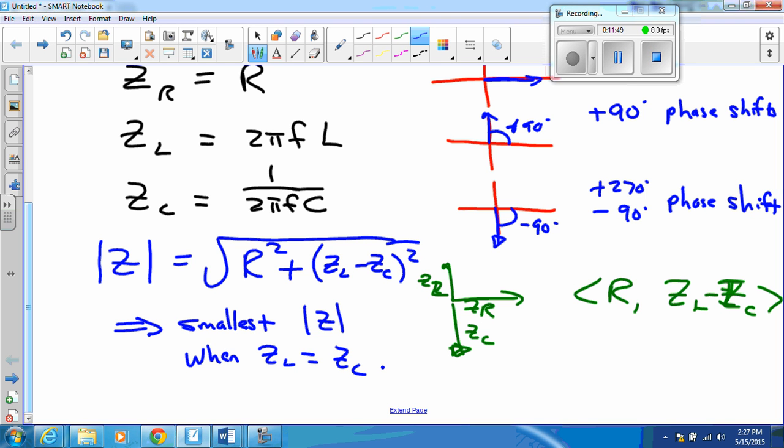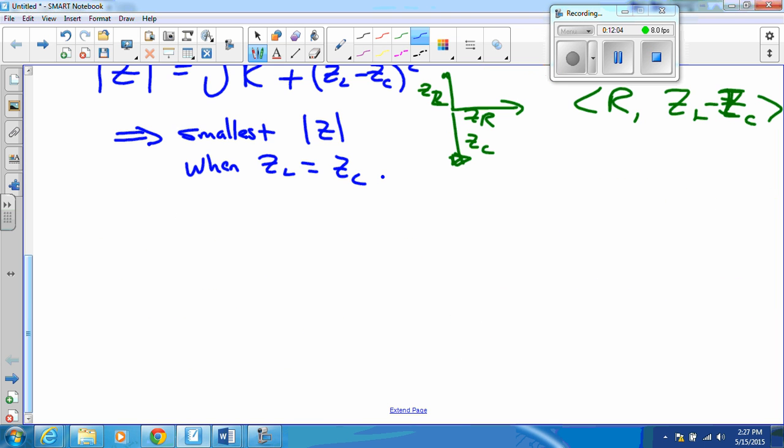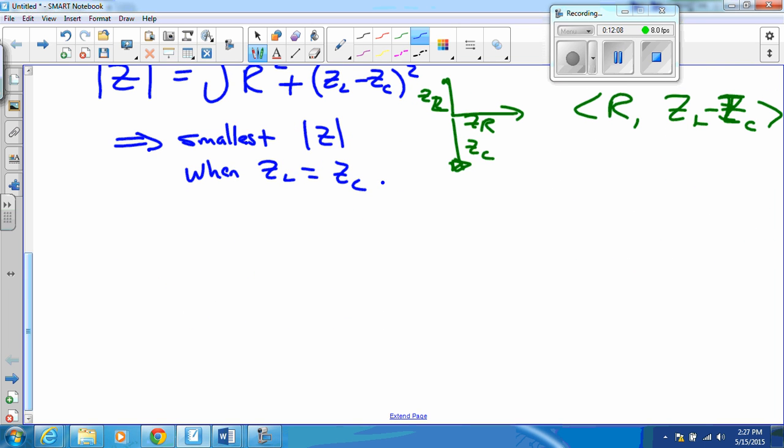Now the reason that we can adjust those is that we can change the frequency, and ZL and ZC depend upon the frequency. So we'll take a minute to explore this because this is a really interesting issue later on. But first we'll do an example. And then the second thing that's going to happen is that there's going to be a phase shift.